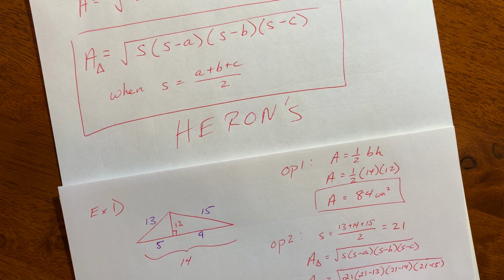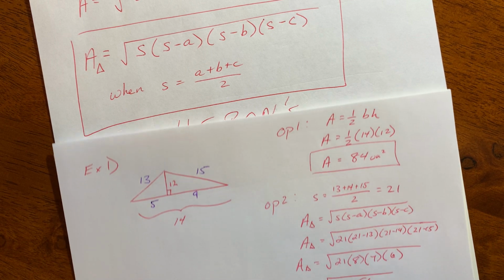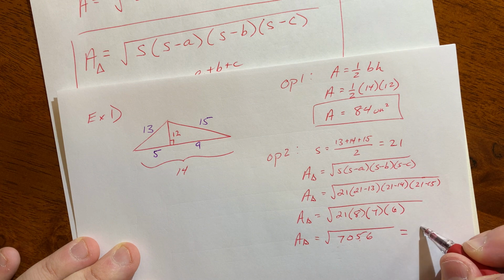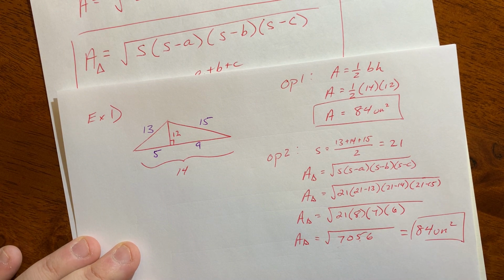So the area is the square root of 21 times 8 times 7 times 6. That happens to be the square root of 7,056 if you multiply all of these together. And that is just another version of 84 square units.